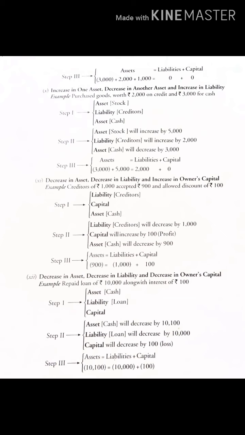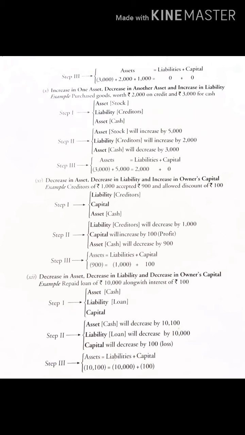Okay, now next example: decrease in asset, decrease in liability, and increase in owner's capital. Now let's check an example. What type of example is it? Creditors of rupees 1,000 accepted rupees 900 and allowed a discount of rupees 100. Now here what happened?